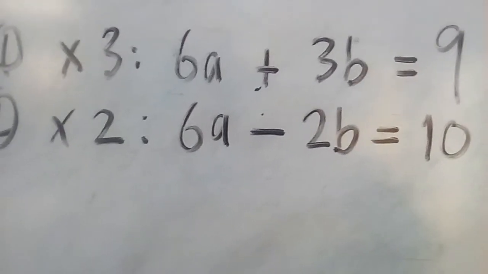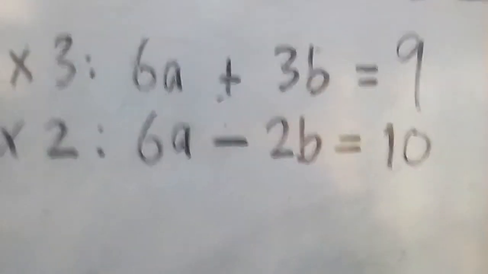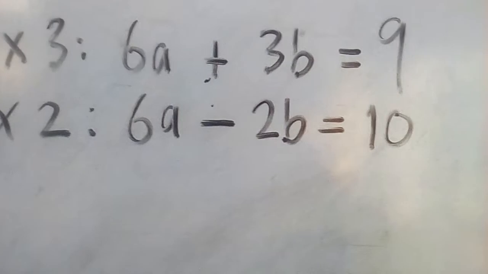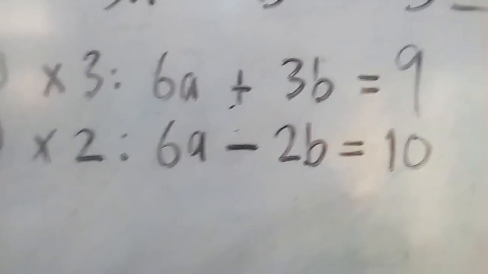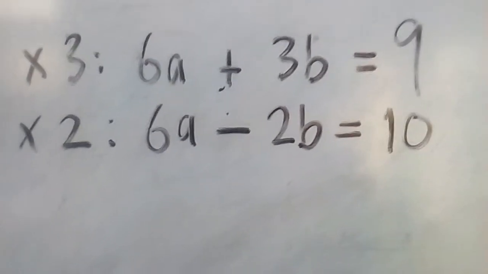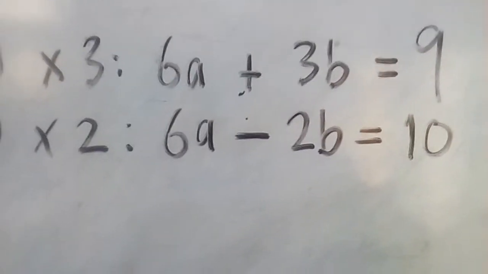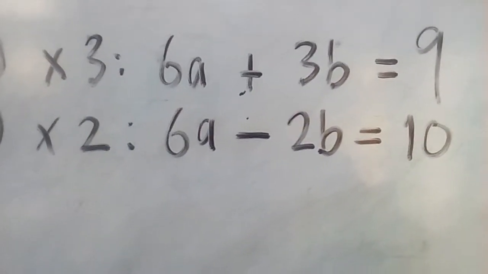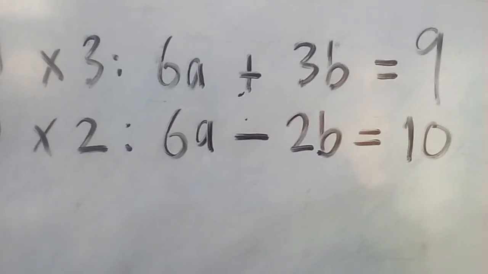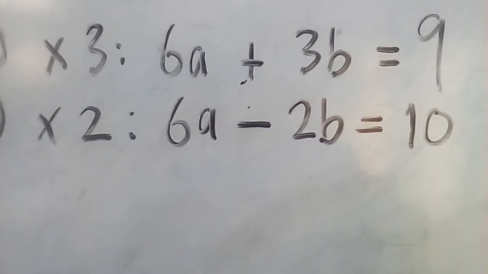Okay, so let's continue. The next rule about solving simultaneous equations is, once you now have the same coefficient in terms of magnitude, you need to find out if they have the same sign or not.